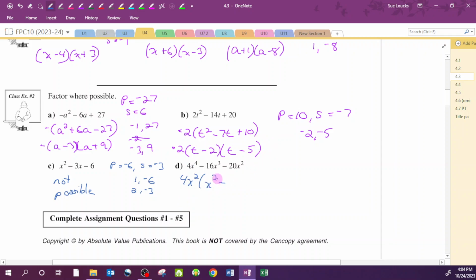Then this is going to be minus 4 times negative 4, and x squared times x gets me x cubed. And then this is going to be minus 5. I'm just factoring this part inside the bracket, so my product is going to be negative 5 and my sum is going to be negative 4. So I have to bring down the 4x squared, and this is going to be x minus 5 times x plus 1.